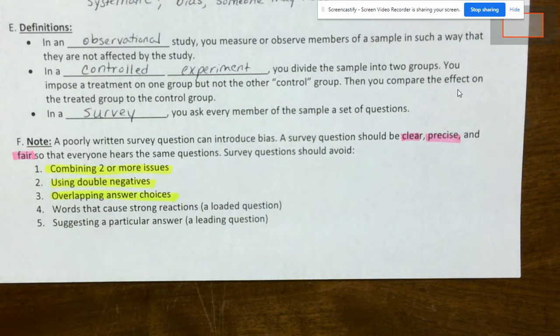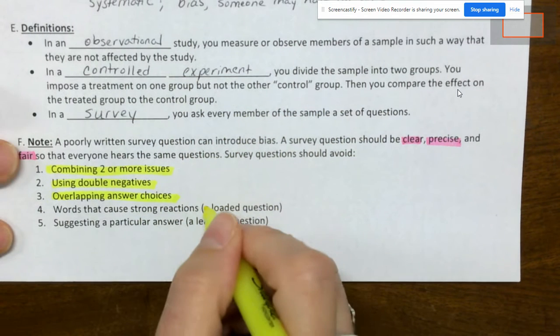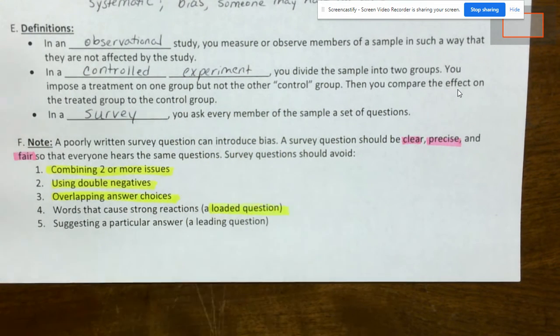Number 4, you want to avoid words that cause strong reactions, and I like to call that a loaded question. You don't want to have a loaded question in there. Like you don't want to say something about, do you think this is the way it should be for this situation?